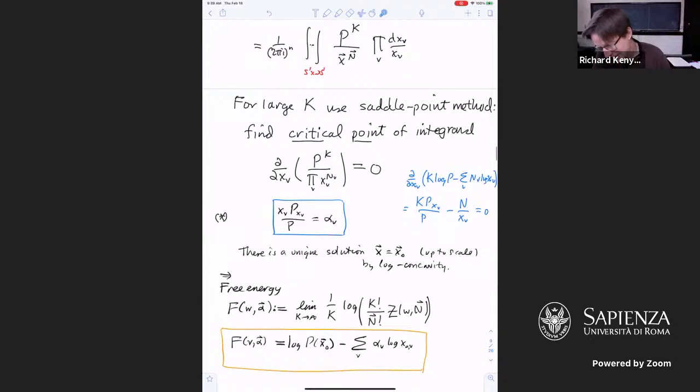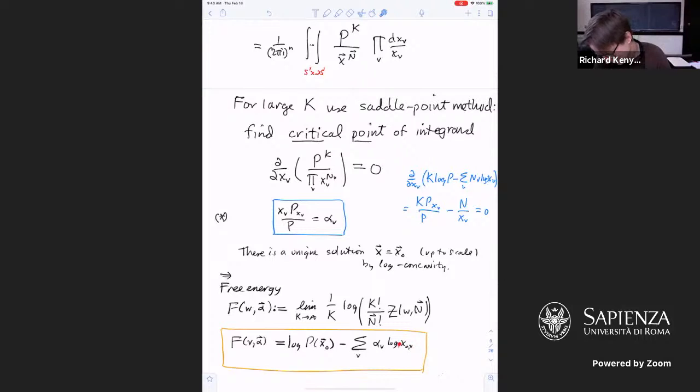And then this limit: if I take this quantity which I care about, the Z, and I take the logarithm, multiply by k factorial over n factorial, take the log, and divide by k, that has a nice limit. And that limit is given by this expression here, log p minus the summation of alpha_v log x_v.